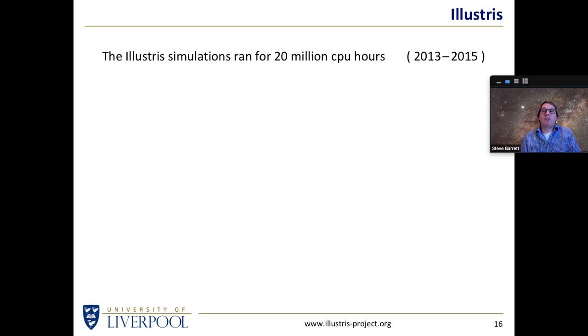The first set of simulations of the Illustris simulation package ran for about 20 million CPU hours. A CPU is just a central processing unit, effectively a computer. So it's like having 20 million computers at your disposal, or a few thousand computers running for many, many thousands of hours over the period of 2013 to 2015.